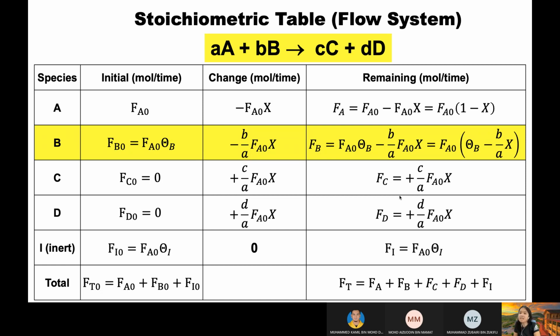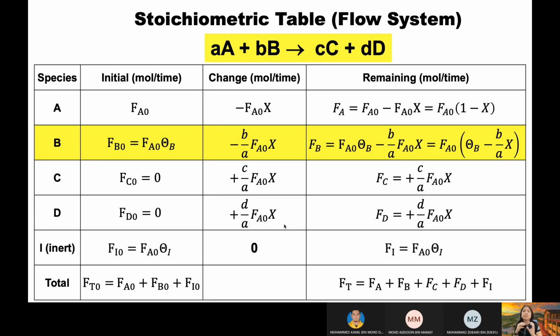Then same for D. So D pun konsep yang sama, just that beza dia, kita kena tukarlah stoichiometric coefficient dia berdasarkan D. So you have to check the chemical equation. What is the stoichiometric coefficient for D? You will use it to get the change for D. Okay, so perkadaran stoichiometrik ni, I think you remember lah, kita kena buat imbangan elemen.